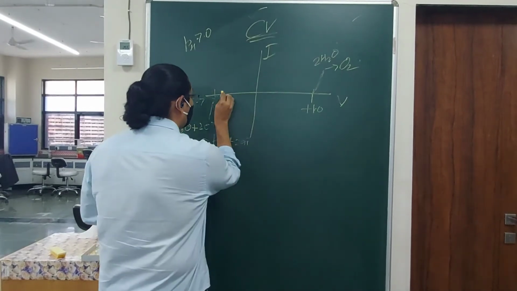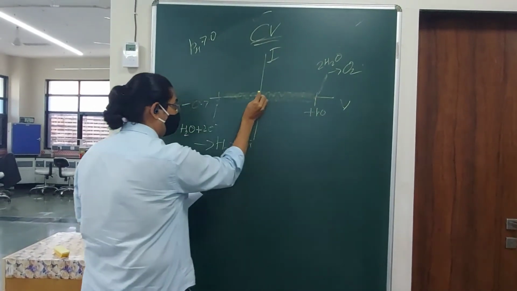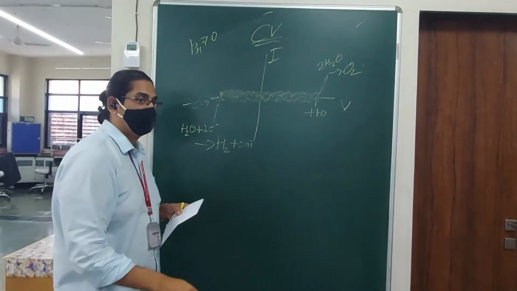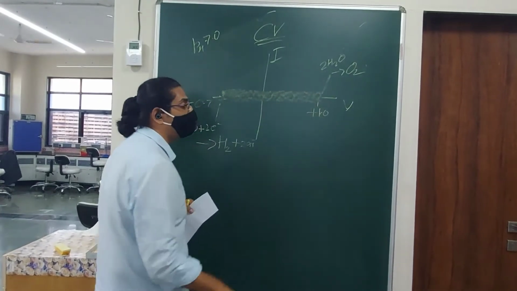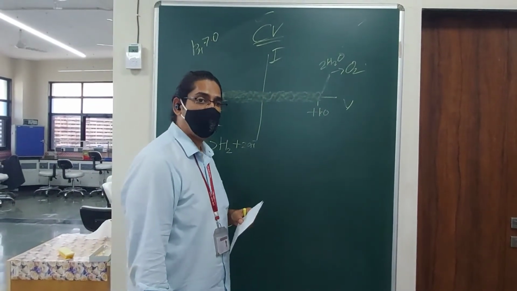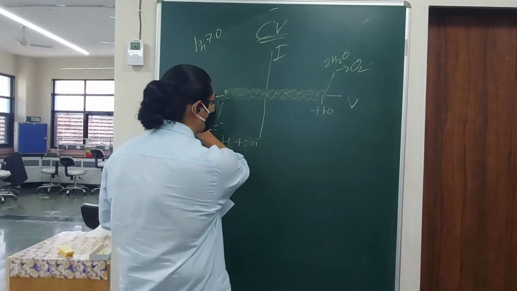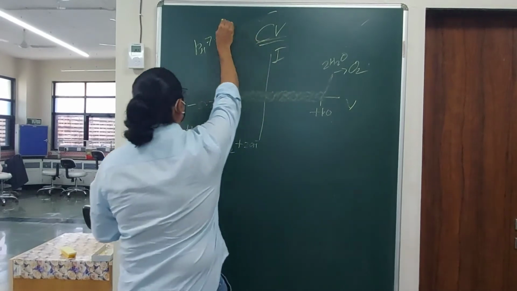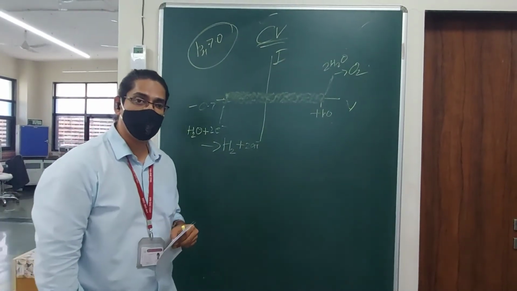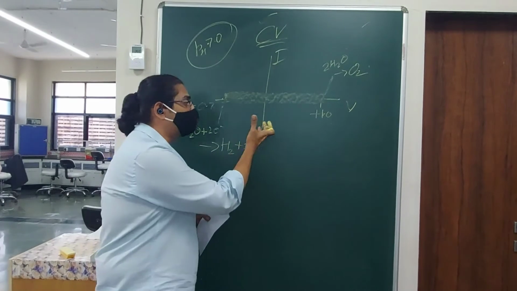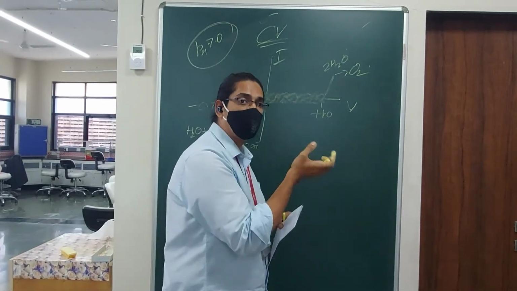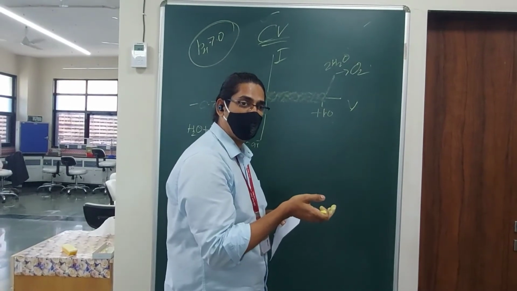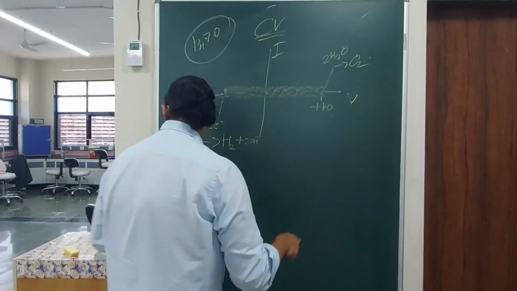This region between minus 0.7 and 1.0 is where my electrode is non-polarizable. So I have a window between minus 0.7 and 1.0 at pH 7.0. It's quite a range. That's why platinum.